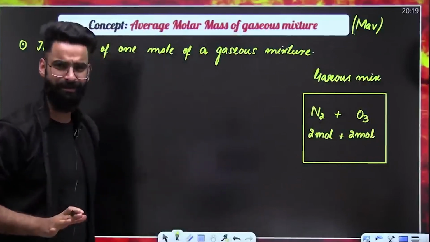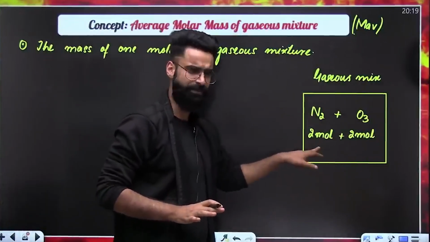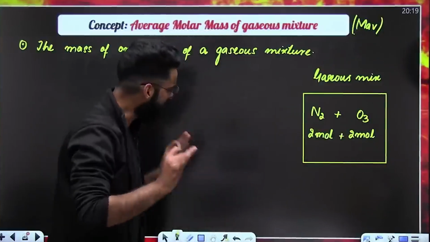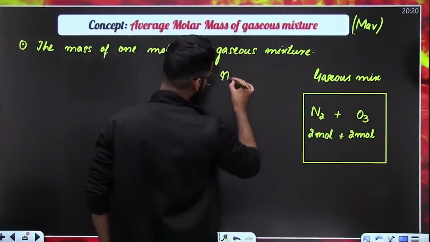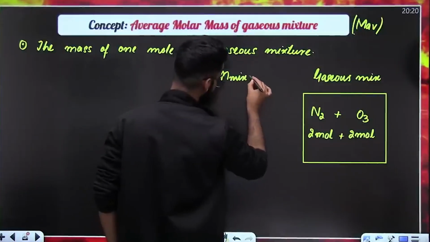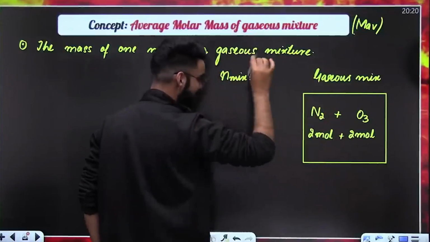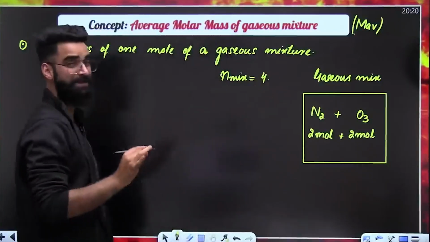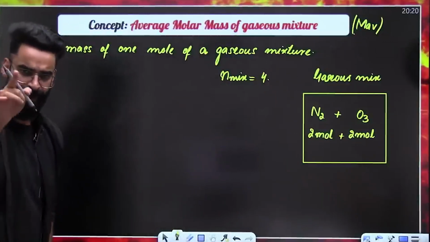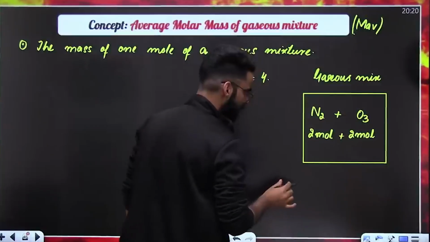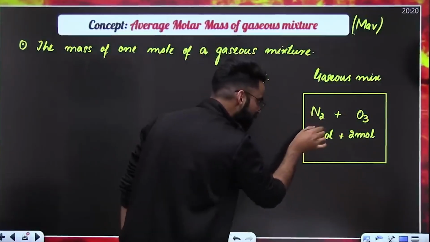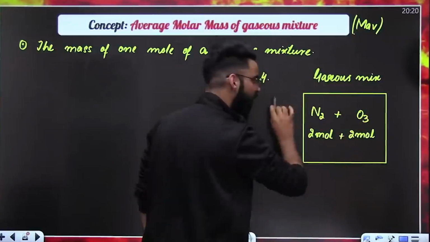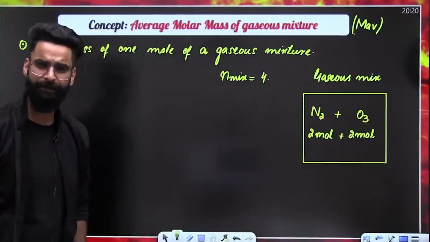So if I ask you how many total moles are there in the gaseous mixture, you will say 2 plus 2, there are total 4 moles present in the gas. If I ask you what will be the mass of 2 moles of N2 and what will be the mass of 2 moles of O3, how are you going to do that?